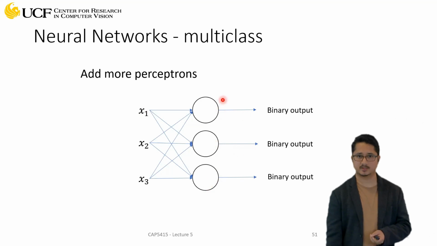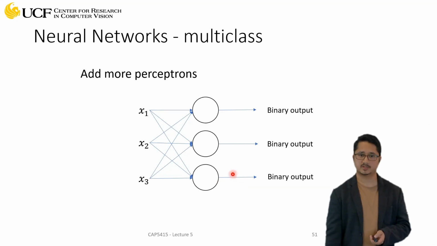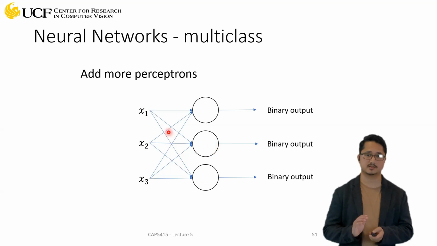And each perceptron will tell you whether that class is present or not. So then you can solve your multi-class classification problem. The operations won't change. But the only thing is for each perceptron, you will have that many parameters, right? All the arrows coming in. Because for each perceptron, you're going to take a linear combination of your inputs. And for each perceptron over here, you will have a different set of weights. So those weights are not shared here.